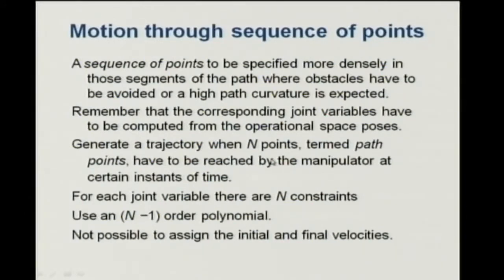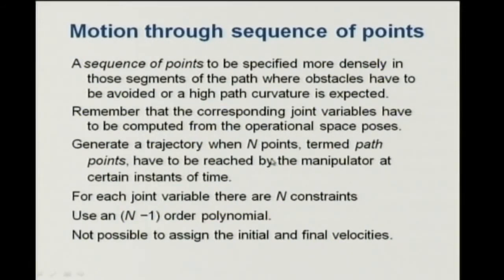So, there will be n values of theta where I have to go to. In this case, we are calling it q. N values of q where we have to go to at specified time intervals. Okay. So, simplest is to use an n minus 1 order polynomial.